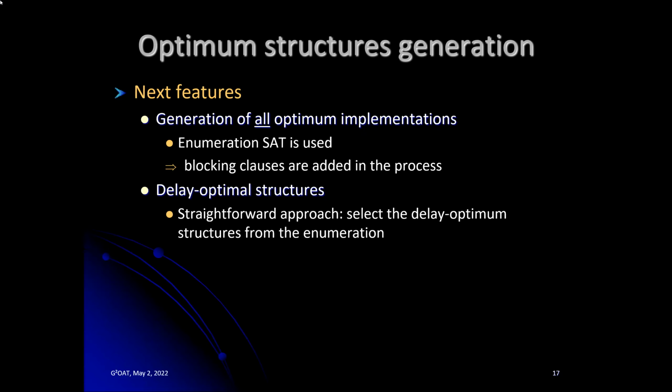Some of the next features: generation of all optimum implementations should be used. So enumeration SAT, probably you know how it is accomplished in practice. After solving the SAT problem, you just add a so-called blocking clause to the CNF of the SAT, and then solve it again.